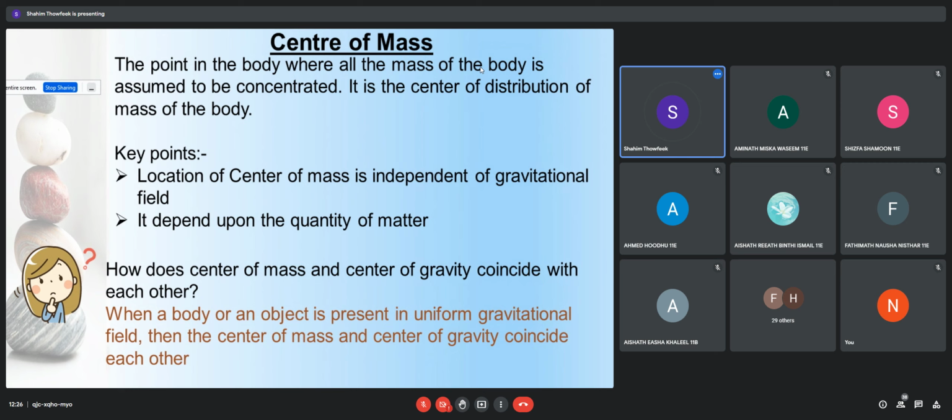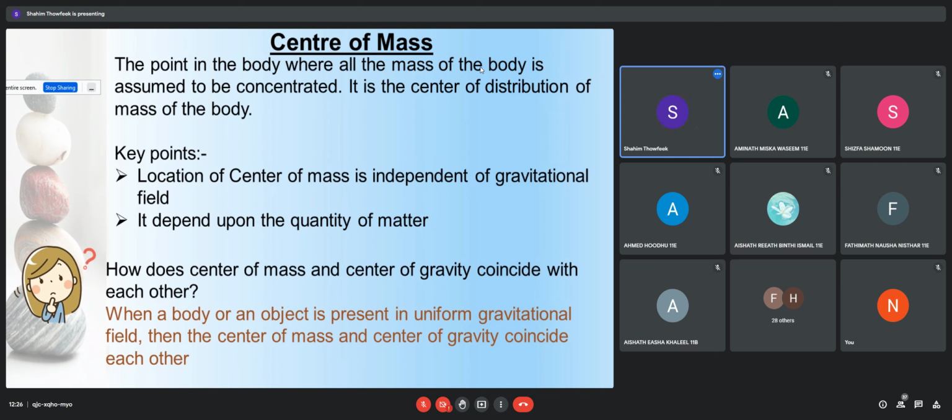Okay. And the next point is it depends upon the quantity of matter. If there is more mass, the center of mass you can determine. If the mass is spread more, then you can determine the center of mass according to the spread of the mass.